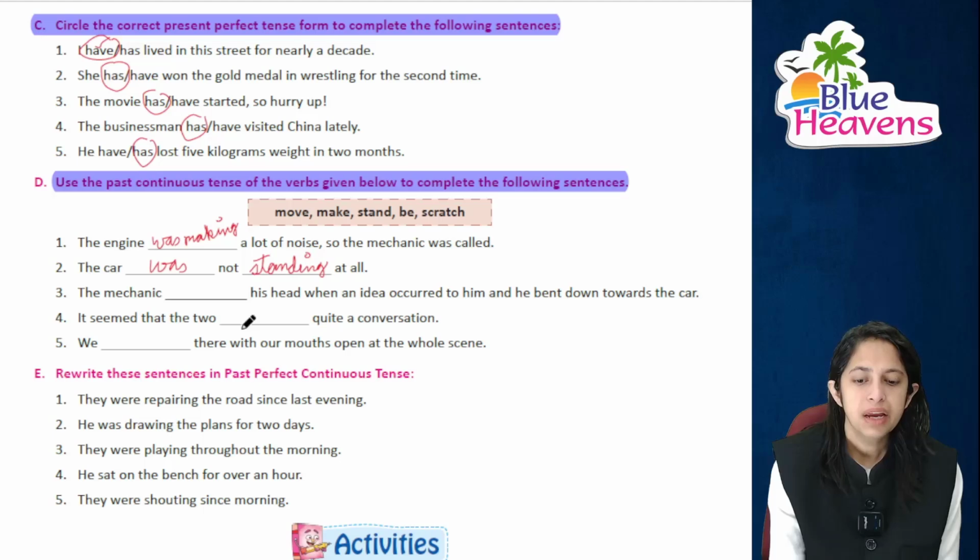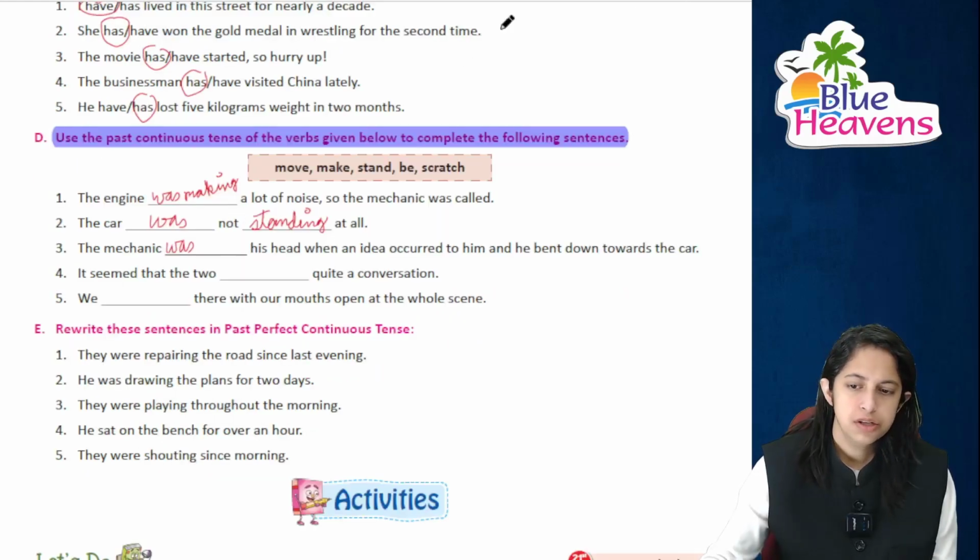The mechanic dash his head when an idea occurred. The mechanic was stretching. Please make one correction on this blank, that the car was not dash at all. The car was not moving at all, right?